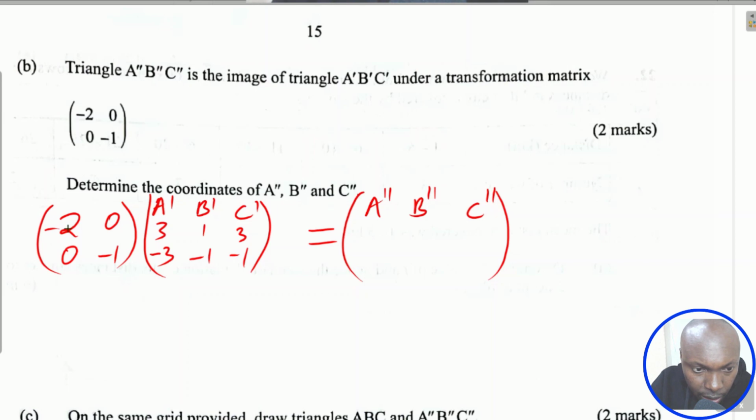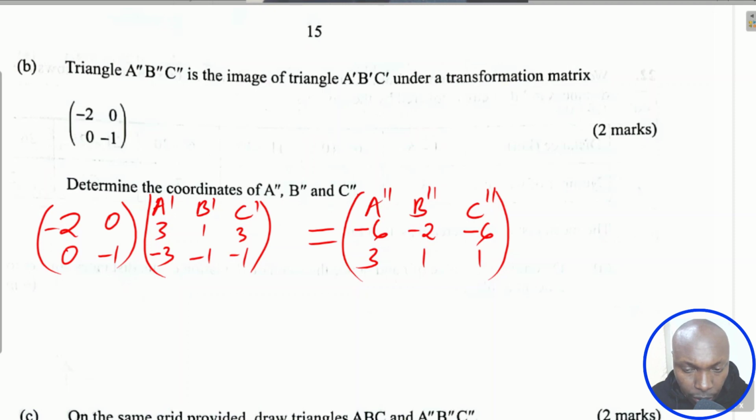I'll do this one very fast, as we did in the previous part, multiplying matrices. So the first row will be -6, -2, and -6. Then down here we have 0, this will be 3, then this one will be 1, and this one will also be 1.